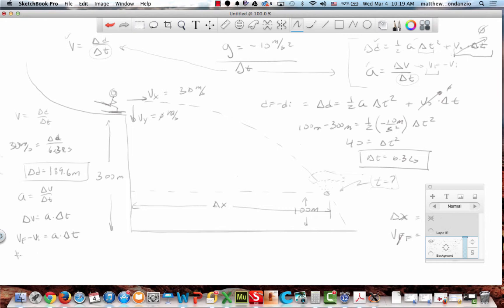What's my final velocity? That's what I'm looking for. What's my initial velocity? 0 meters per second. What's my acceleration rate? 10 meters per second squared, times my delta t, which is 6.32 seconds, right?